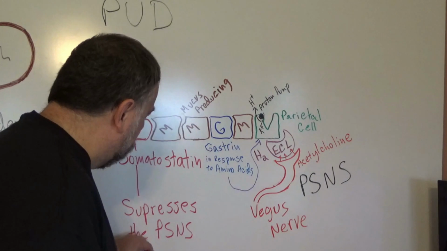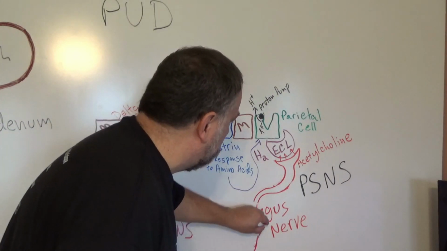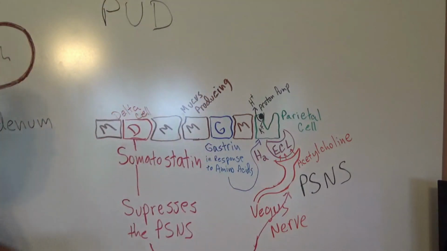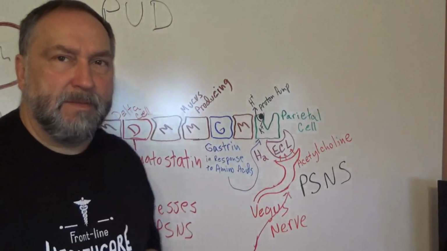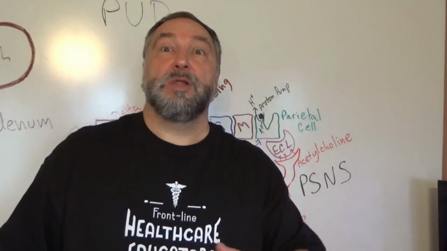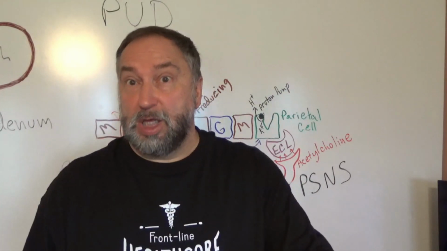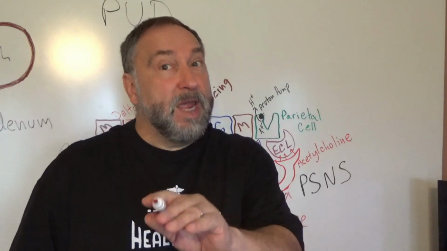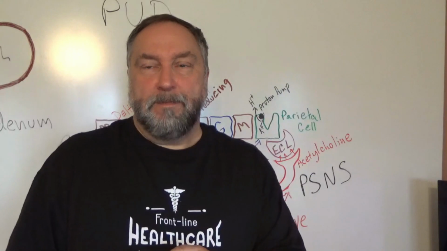So we come over here, and it blocks this activity right here and stops this stuff from being made. That's the way the stomach says, hey, we're getting too acidic, we're starting to really irritate the stomach, let's cut this down and stop making this acid. So it will stop making the acid.